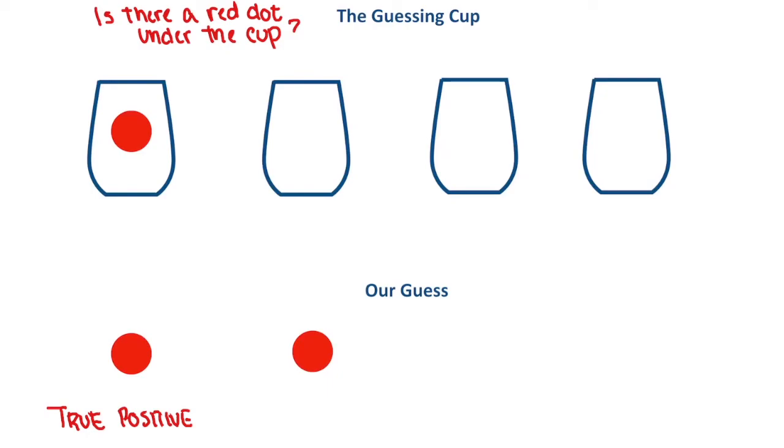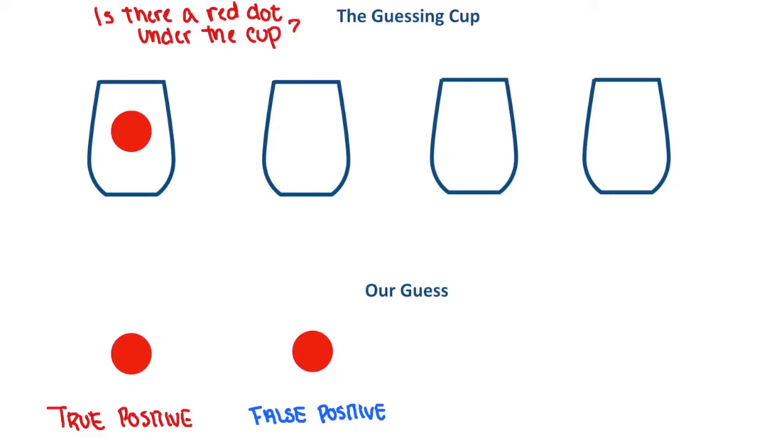So now what we have to do is say that our answer was wrong. And the word that we'll use to represent that is false. And so we've got to put our qualifier here. Because we put the red dot, we said that it was going to be positive. So our qualifier here is that we have a false positive.